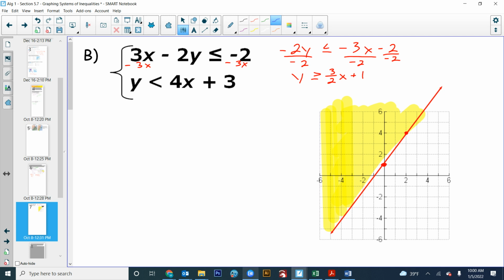I'll do it in blue. What's the y-intercept of the bottom inequality? (0, 3). And with a slope of 4, I'm going to go up 4, right 1. This one's going to go off the page.